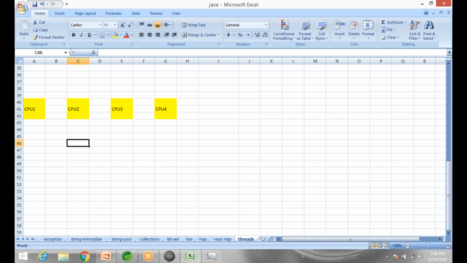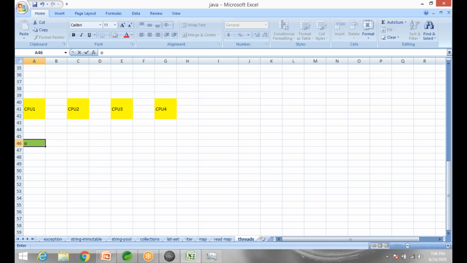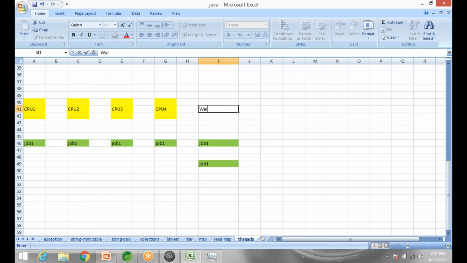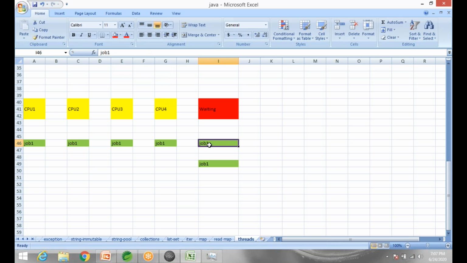And there are 6 jobs which are counting to 10 billion. Now 2 of them will be in the waiting queue. These are in the waiting queue. So this is how the jobs are processed.